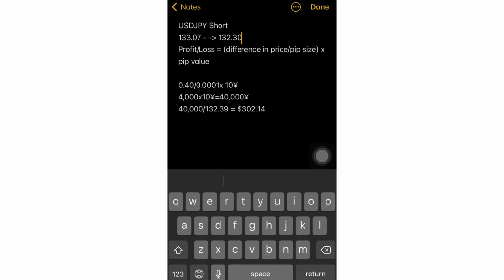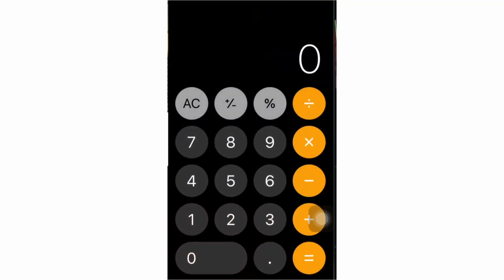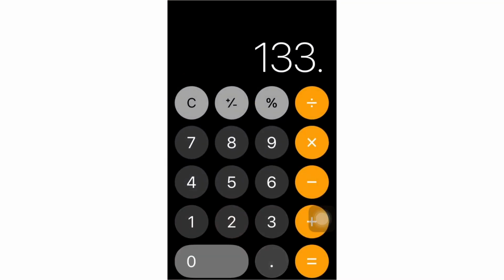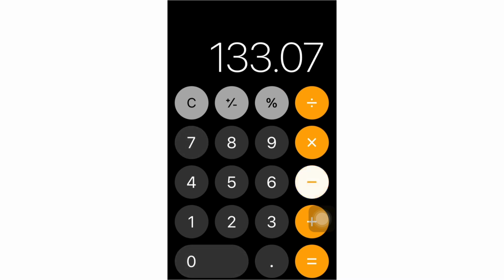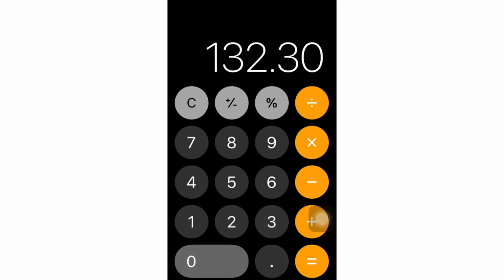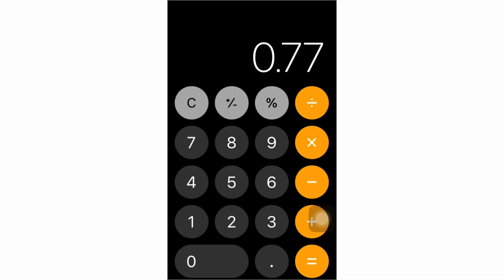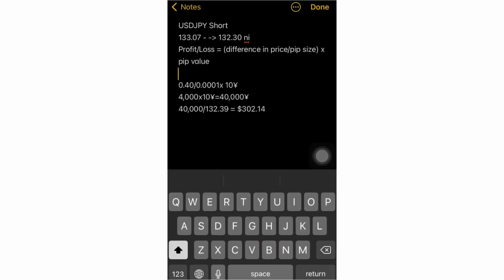So let's just use our calculator. 133.07 minus 132.30, we have 0.77, just like we calculated.